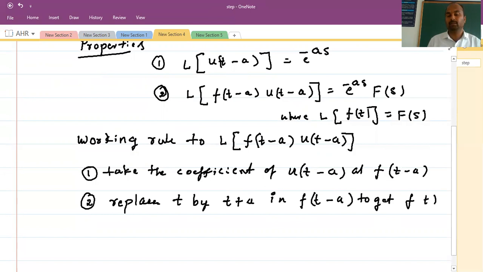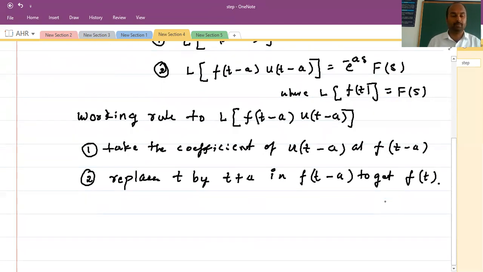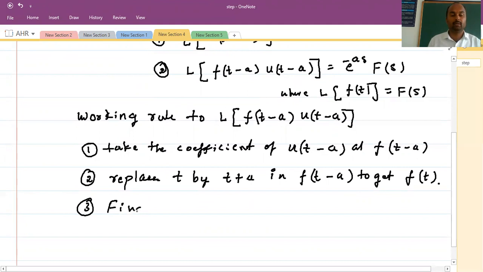f of t. This is the second step. Third point, find Laplace transform of f of t, that is f of s.